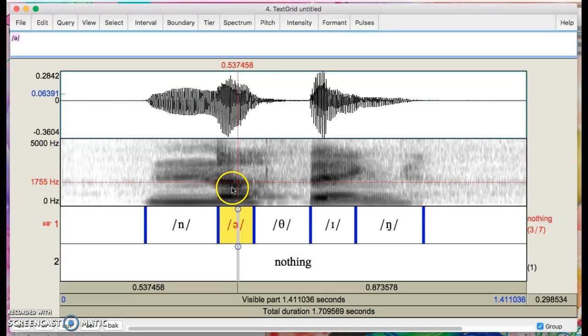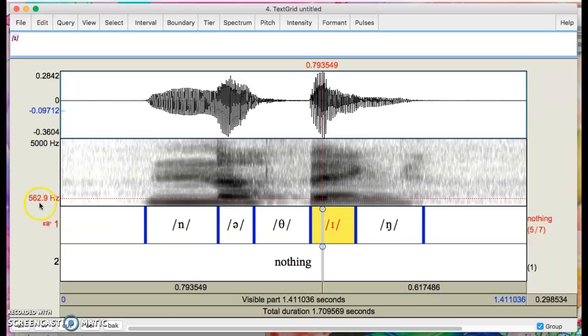There's a lot of things we can work out here, versus this vowel, our ing, our e. We have a lower formant 1, which shows that it's a little higher than our schwa, but not quite. If we look right here, it's just about 100 hertz lower than our schwa, not even that.